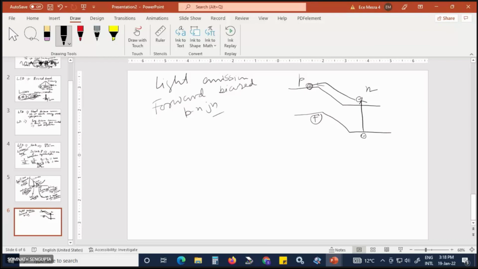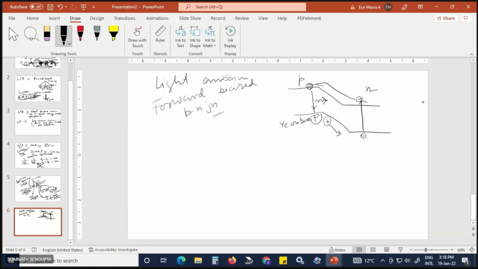Now the electron does not want to stay at higher energy level. It will try to come down to lower energy level and recombine. In this way, it emits one photon. Similarly, other holes will go towards this side.